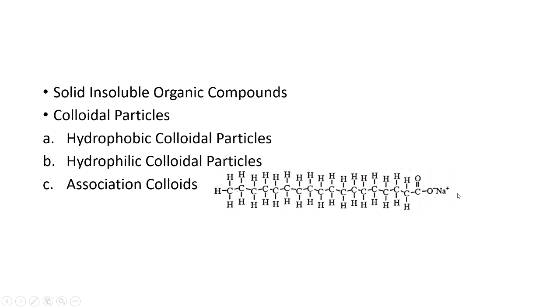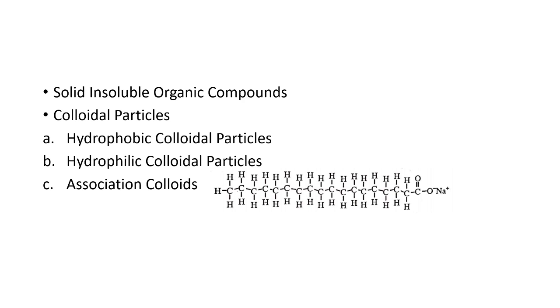If a polar molecule, for example water, is there, it will approach here. If it is non-polar, it will approach there. So these molecules surround that molecule depending on its nature, and that is called the formation of micelles, which is an association colloid.